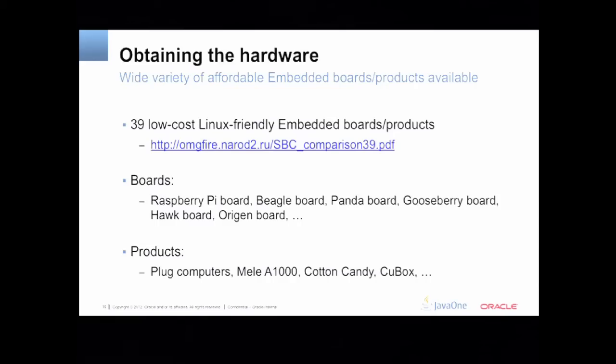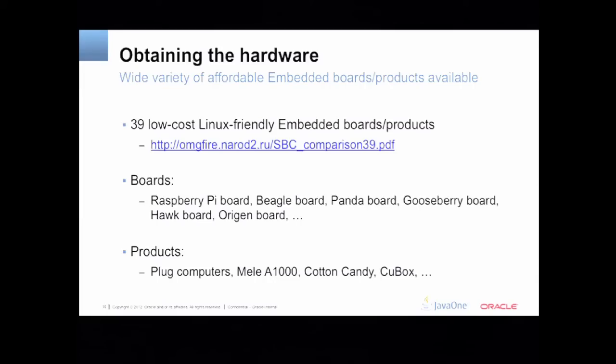So let's now move on to the several steps that need to be taken to actually get up and running with Java SE Embedded on an embedded system. Obviously, you will first need to obtain hardware. Fortunately, there is a wide variety of affordable embedded boards that can be obtained.